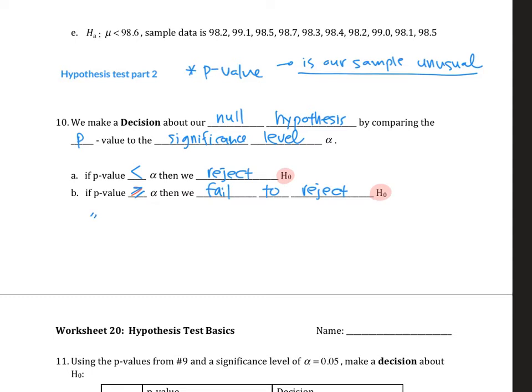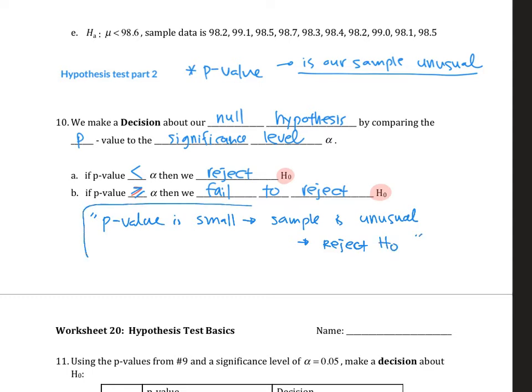So basically in my head, if p-value is small, that means our sample is unusual. That means I'm going to reject what we assume to be true, which is H naught. So this is basically what we have to remember when it comes to our decision.